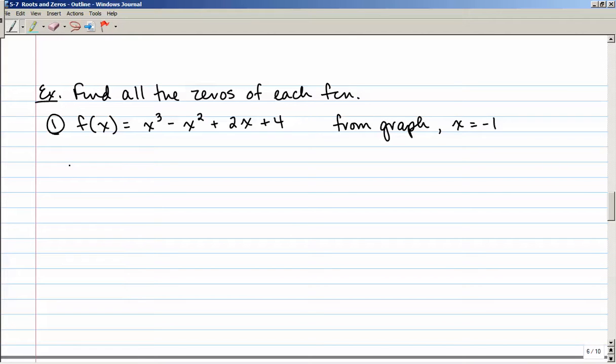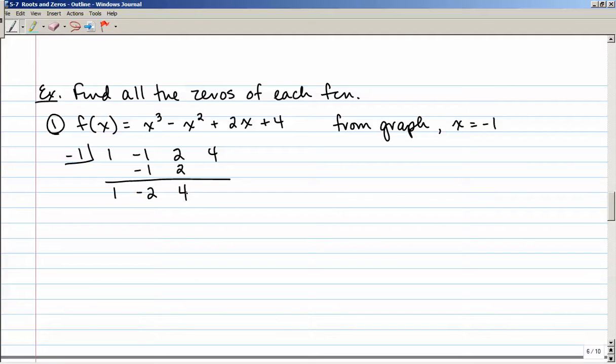So let's use that in synthetic substitution or synthetic division. List the coefficients, 1, negative 1, 2, and 4. Draw your line, bring down the first coefficient. Negative 1 times 1 is negative 1. Add those, negative 2. Negative 1 times negative 2 is positive 2.